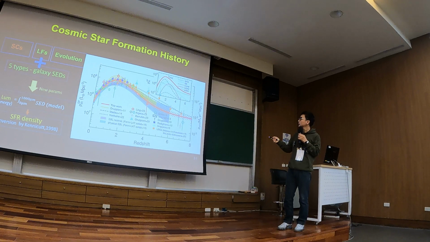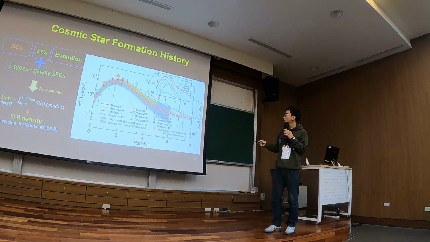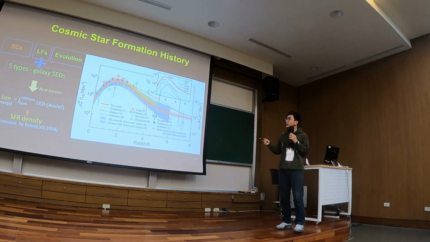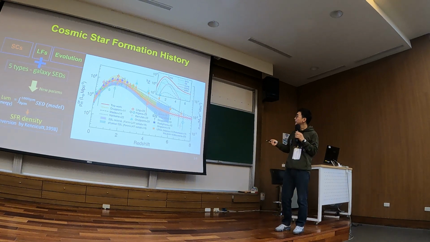But it shows quite a large uncertainty overall in the higher redshift; the size of the error bar is a little bit larger at higher redshift. The data points from the previous works still seem not enough. I think we need more observation data at higher redshift.